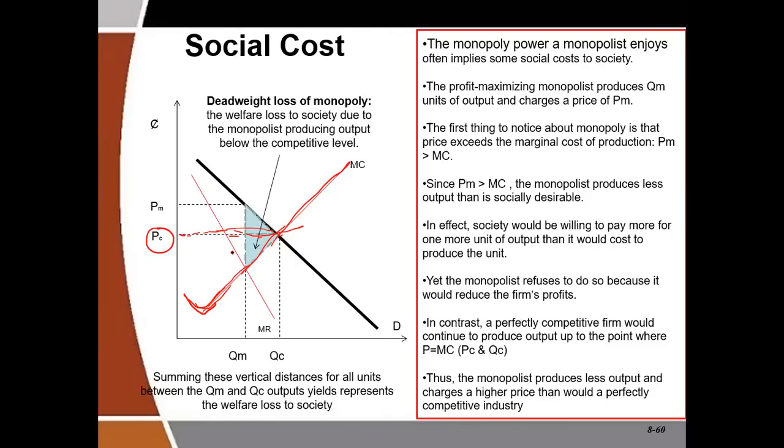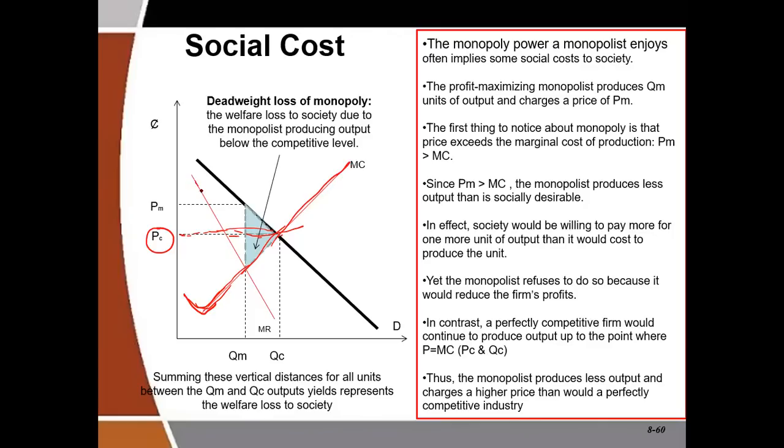Now, for a monopolist, the equilibrium is determined where marginal revenue meets marginal cost, not where price meets marginal cost. The marginal revenue curve always falls more steeply than the demand curve.